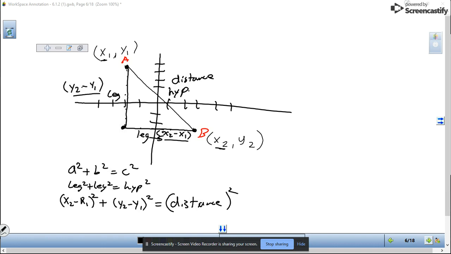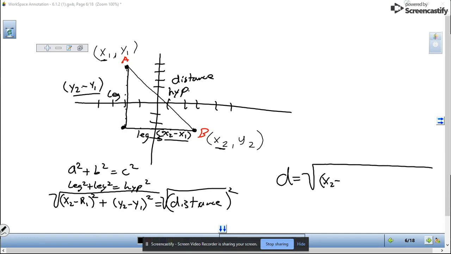Well, if I want to solve that for distance, I can take the square root of all that. And what that leads you to is this. Distance equals the square root of x2 minus x1 squared plus y2 minus y1 squared.